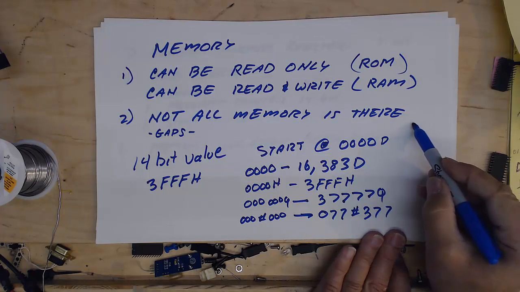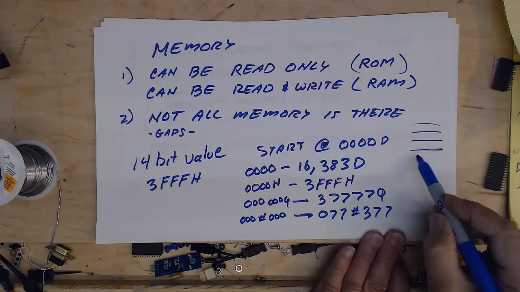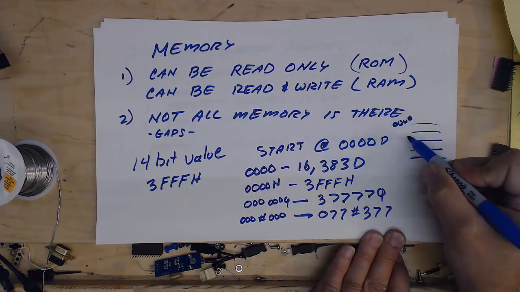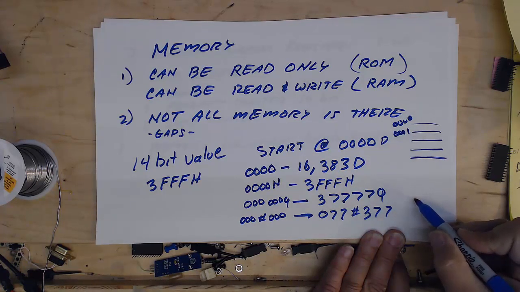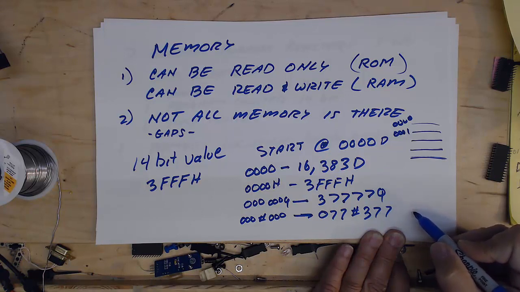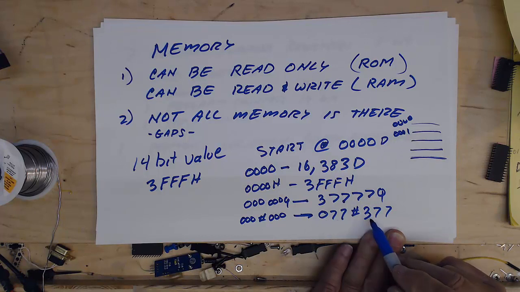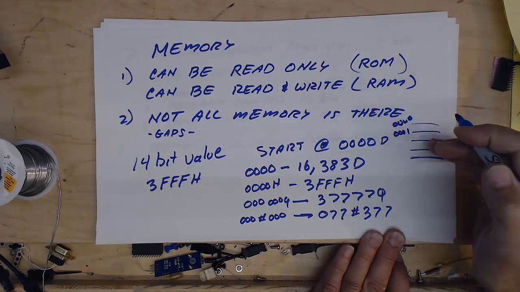So each of these memory addresses holds just an 8-bit byte. And so this is memory address 0000. This is 0001, 0002 in hex, all the way up to the last memory location, which would be 3FFF in hex, or 077377 in split octal. So these are just sequential memory locations.